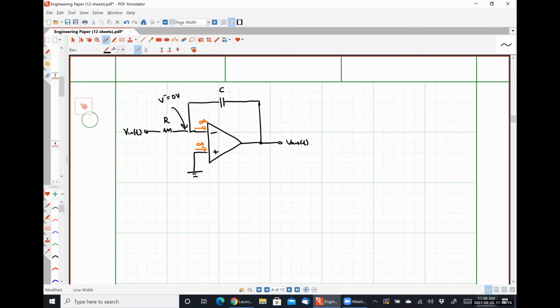And from that, I can then observe that I'm going to have some current, IR of t, flowing through my resistor, and that same current flows through my capacitor.